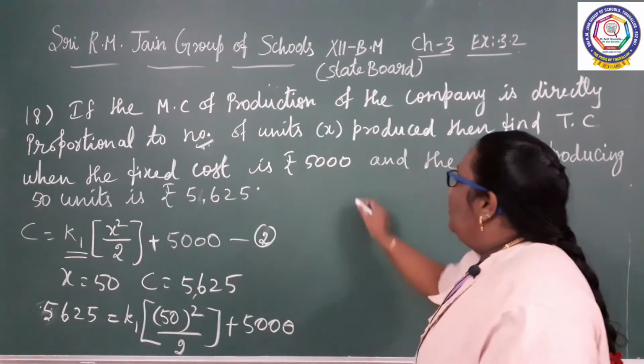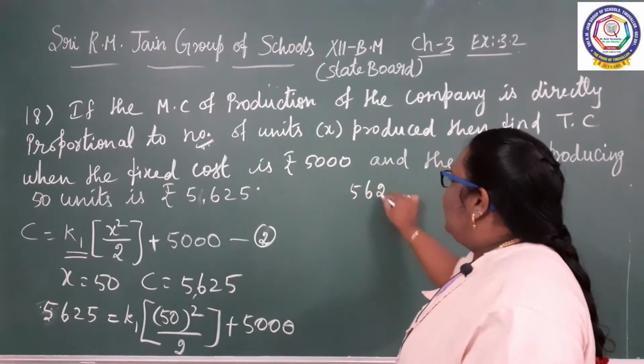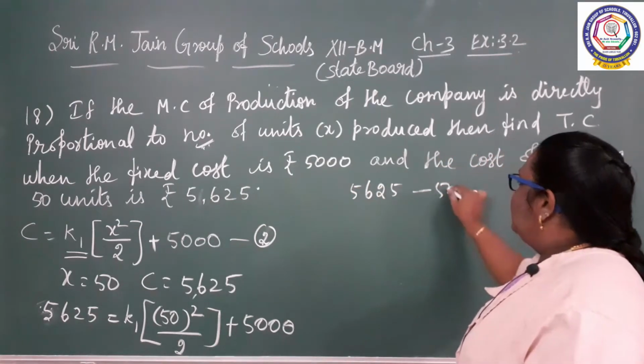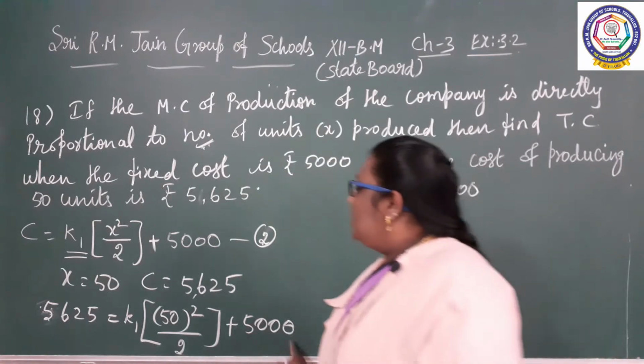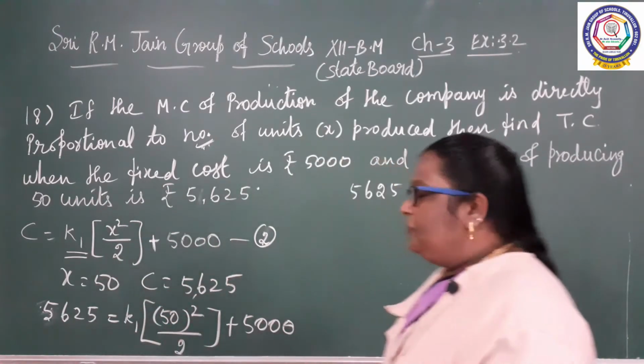See here, 5,625 minus 5,000. You bring the 5,000 to the left hand side.